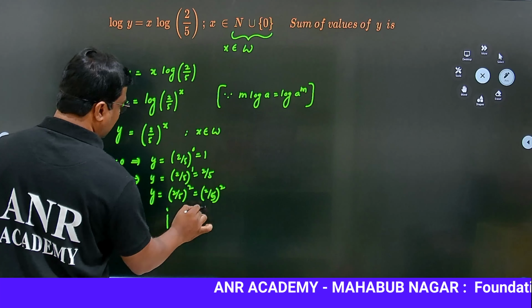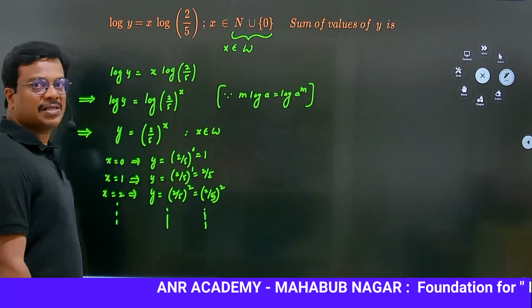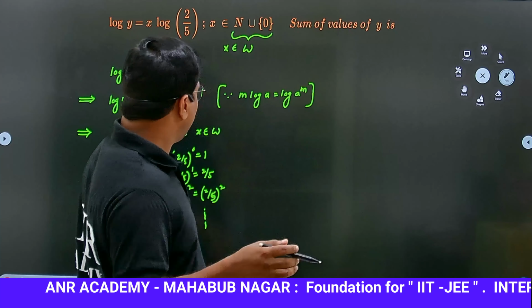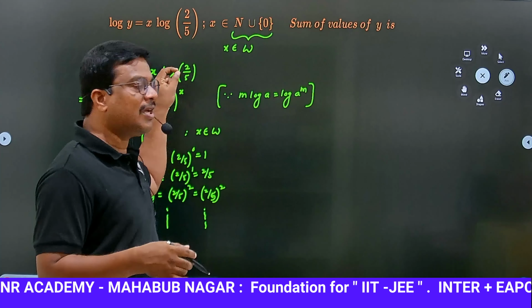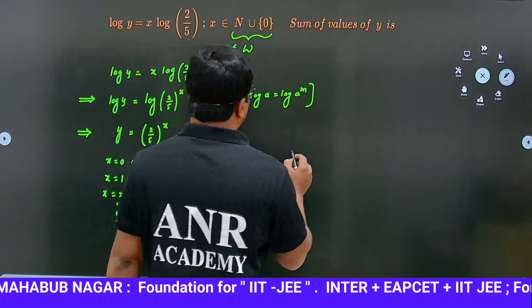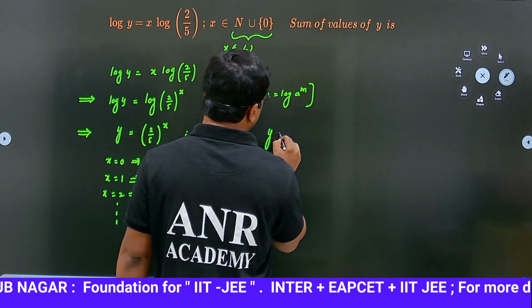There are so many values of x, for which you will get so many values of y, nothing but infinite values of input for which infinite values of output you will get, and the sum of all outputs.